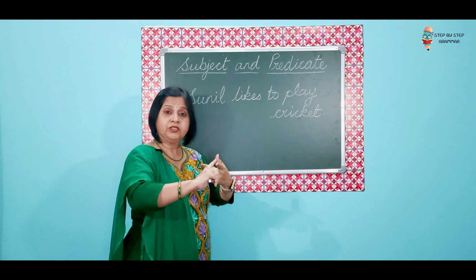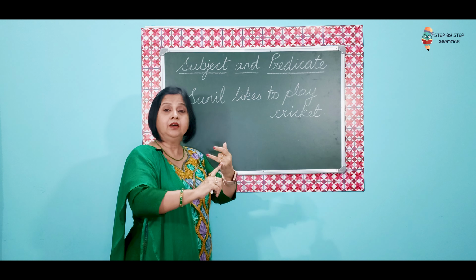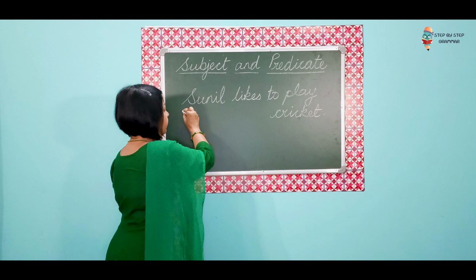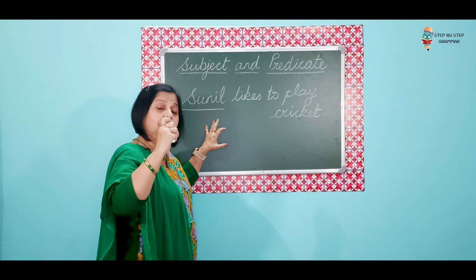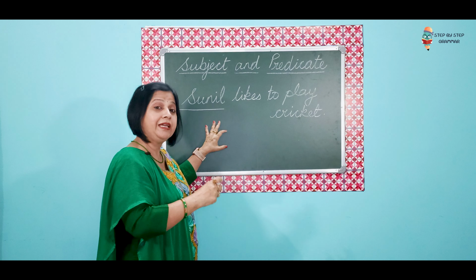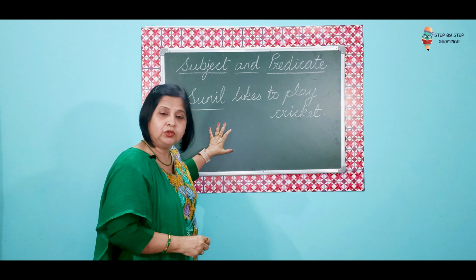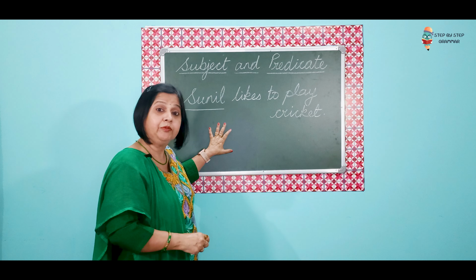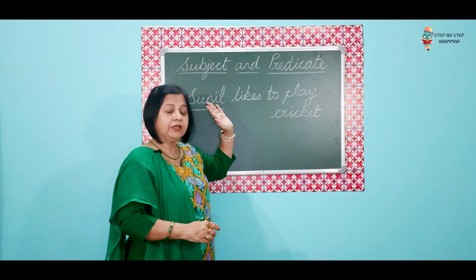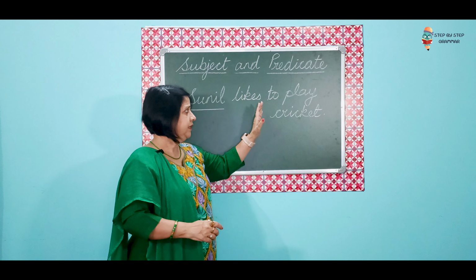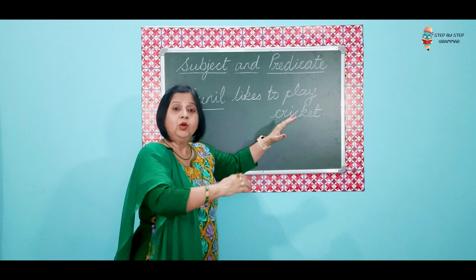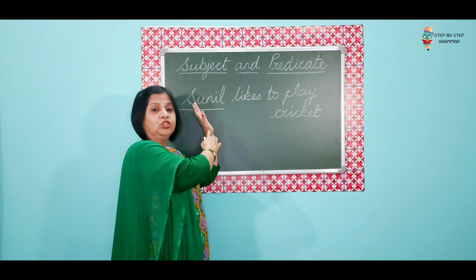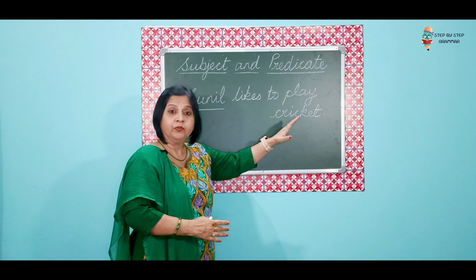Is it a place? Or is it a thing? It is a person. And who is that person? Sunil. So the subject means whom are we talking about in the sentence? So we are talking about Sunil and Sunil becomes the subject. Now, what is left is the predicate part. Likes to play cricket. Likes to play cricket is the predicate which tells us what Sunil likes to do.